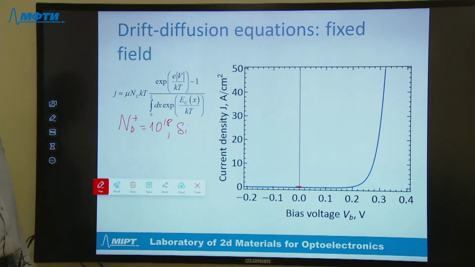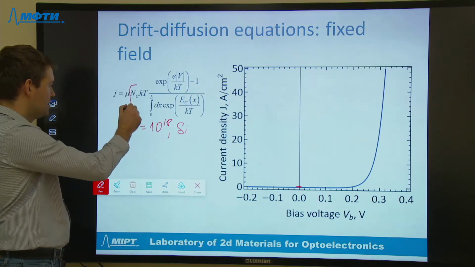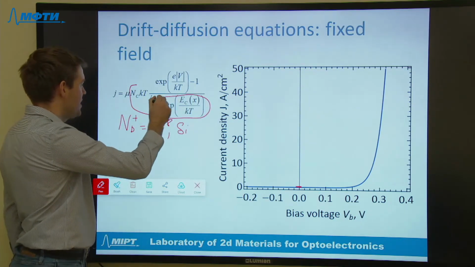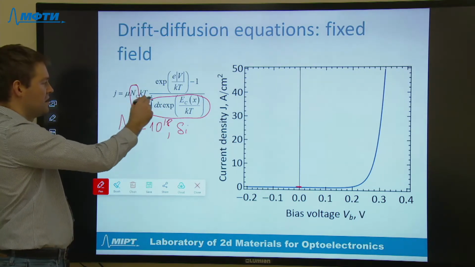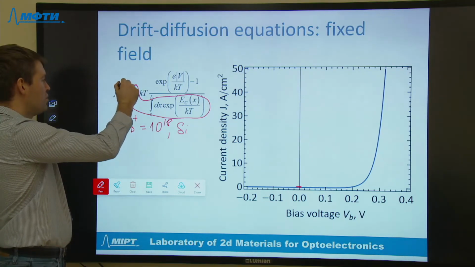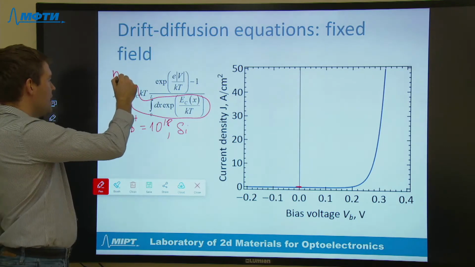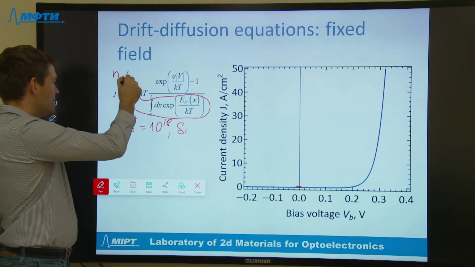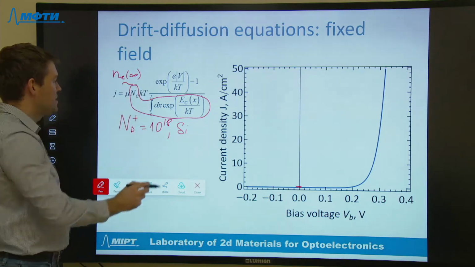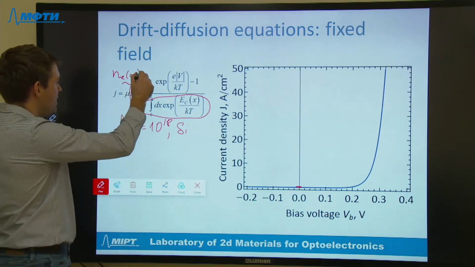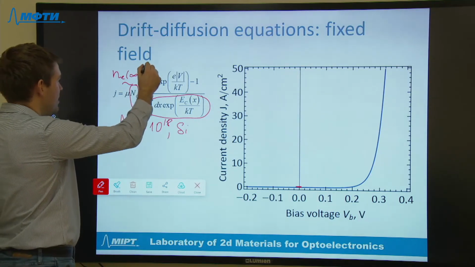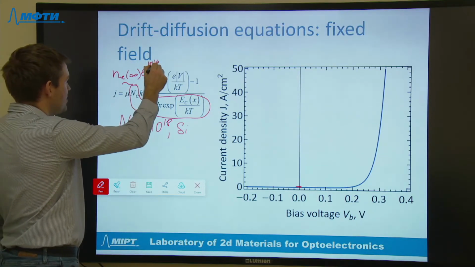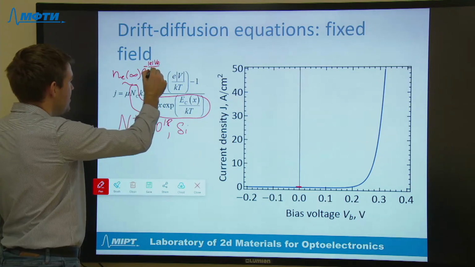Actually, if you combine these two functions and analyze them in much detail, you will see that this thing is proportional to the electron density at infinity, multiplied by the quantity exponent of built-in voltage divided by kT.